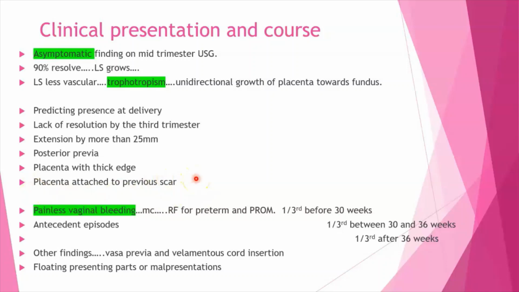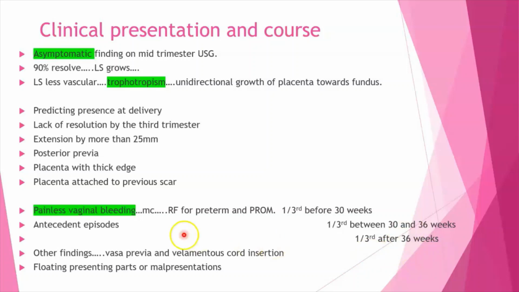Now friends, the most common presentation is painless vaginal bleeding. Now this bleeding can occur in one third of the patients before 30 weeks, in another one third between 30 and 36 weeks, and the remaining one third present with their first bleed mostly after 36 weeks.